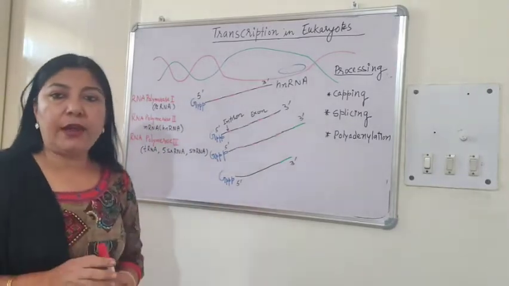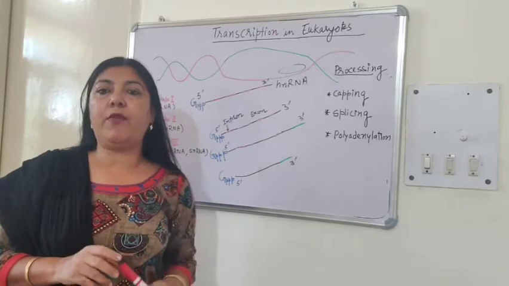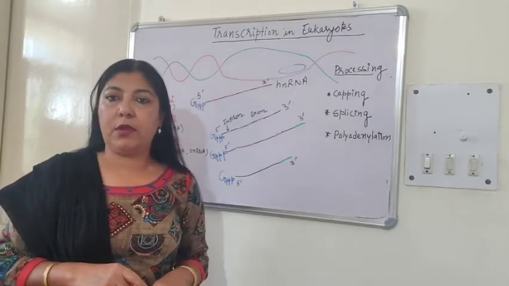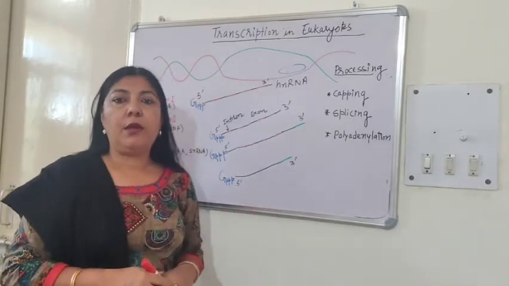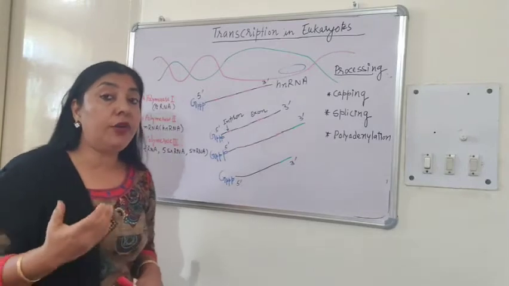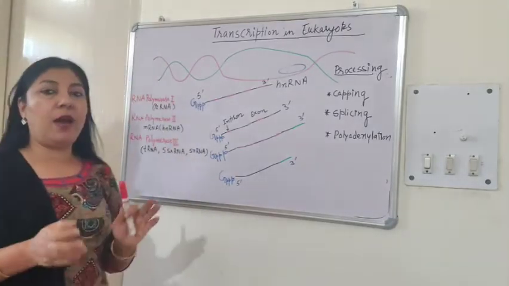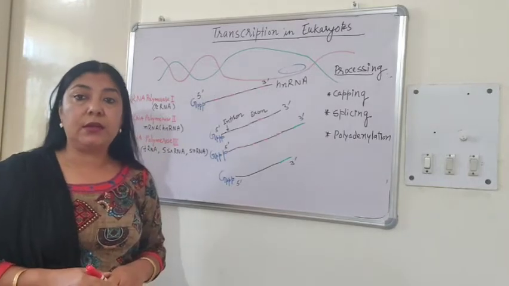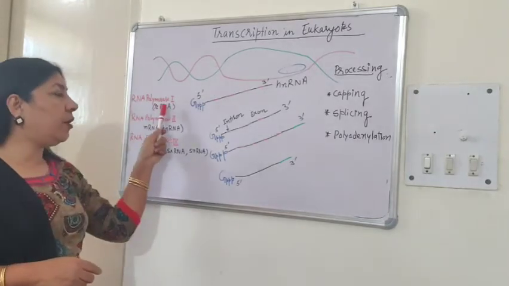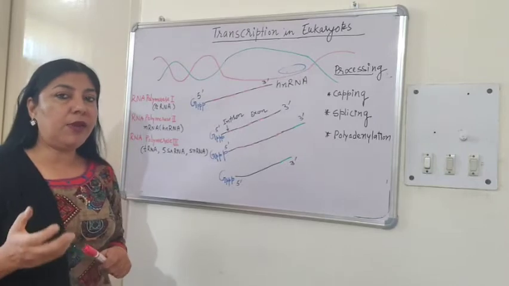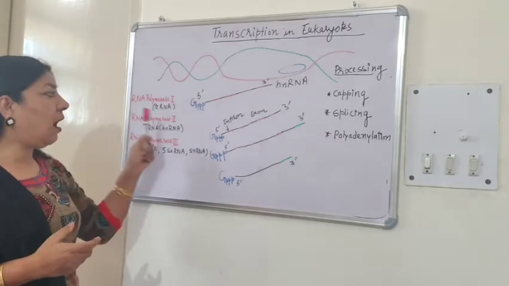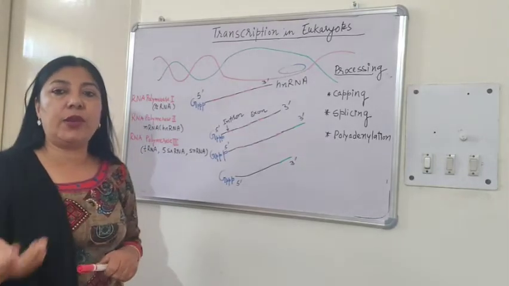In case of prokaryotes, there is only one type of RNA polymerase, which does the whole process. But in case of eukaryotic cells, there are three types of RNA polymerases. They are RNA polymerase 1, which will transcribe only rRNA, that is ribosomal RNA.